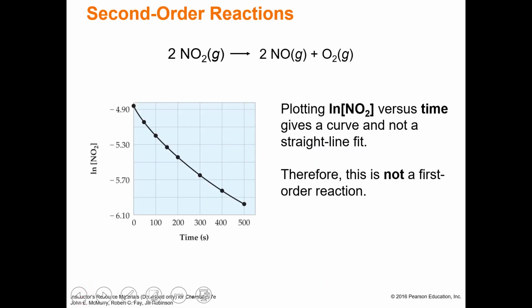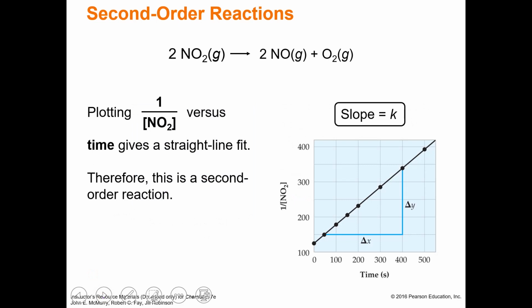So if we go back to the natural log of NO2, this is not a straight line. So we can immediately say that this is not a first order reaction. If we plot 1 over NO2, it does give us a straight line fit. So this is a second order reaction, and the slope of this is the rate constant.